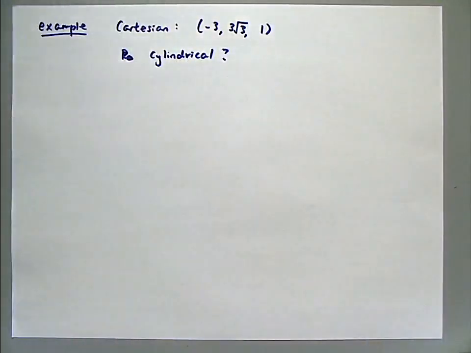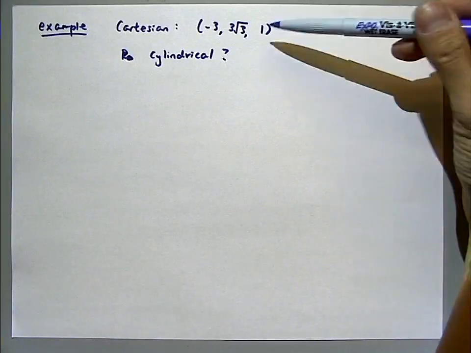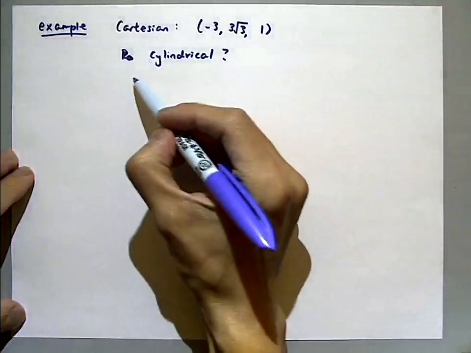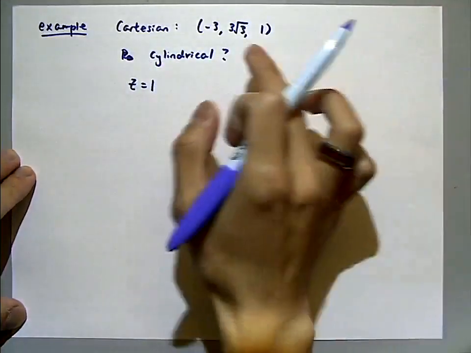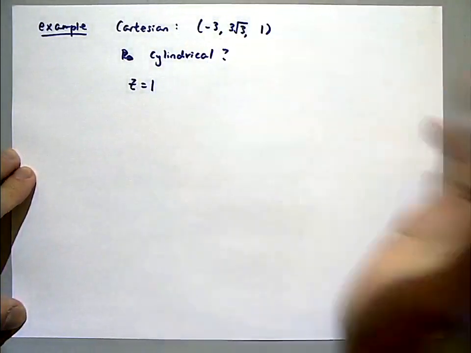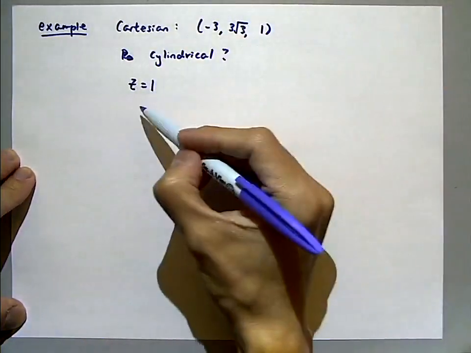Let's find out what it looks like in the cylindrical system. All we have to remember is that z doesn't change. z is still z. That stays the same. And then we have two things remaining, x and y. They are essentially polar.